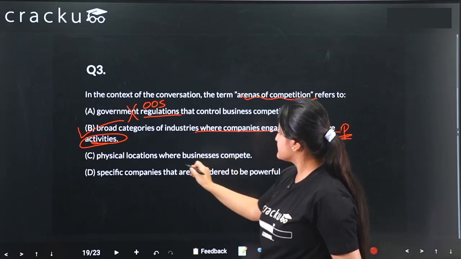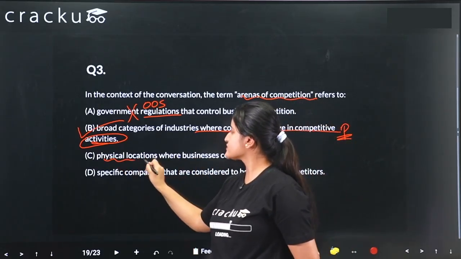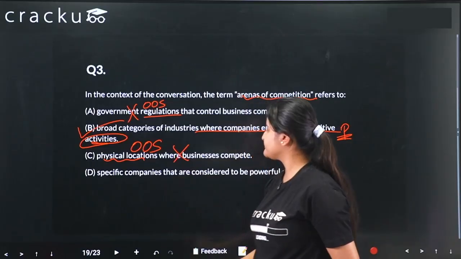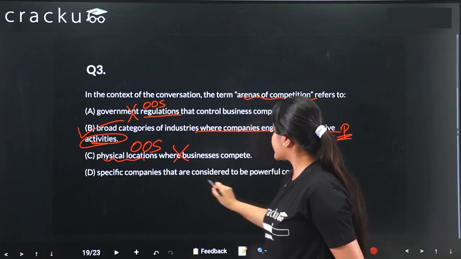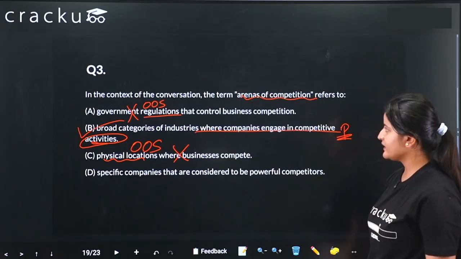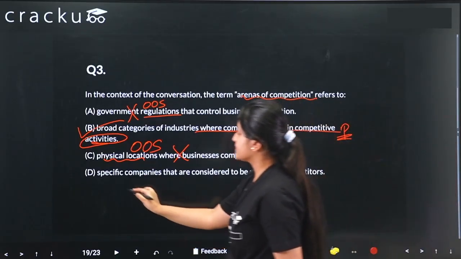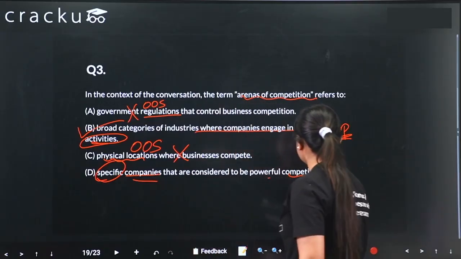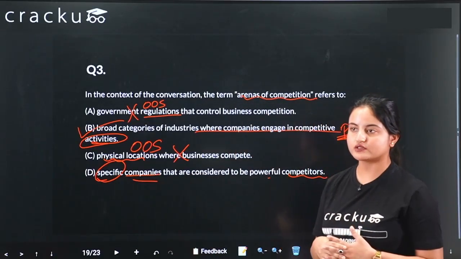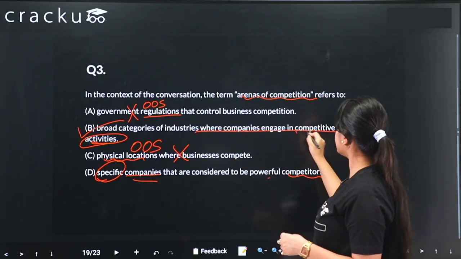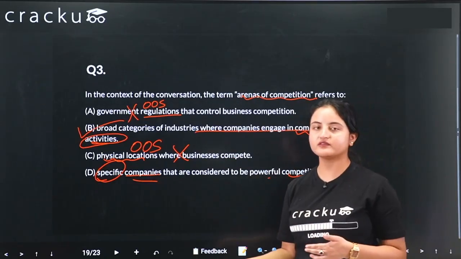Physical locations where businesses compete, this was not discussed. Eliminated through OOS, kill. Specific companies that are considered to be powerful competitors. It is not about specific companies and not about competing with each other. It was about all the industries where companies are engaging in competitive activities.